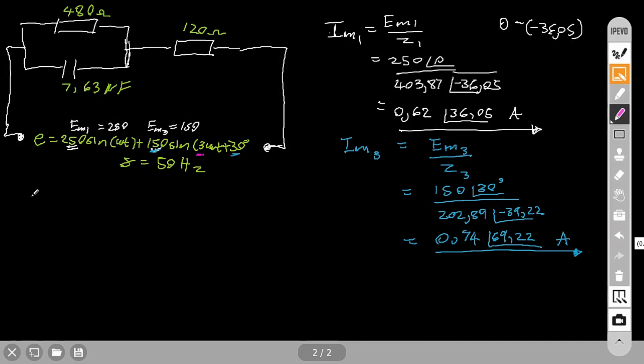So our I is equal to IM1 sine omega t plus angle 1, plus IM3 sine 3 omega t plus angle 3.